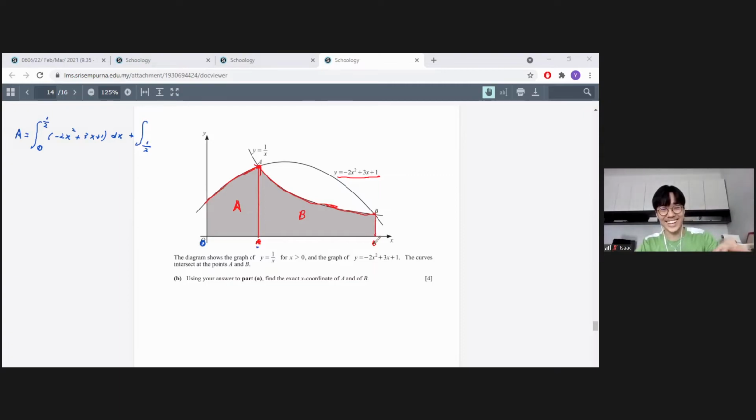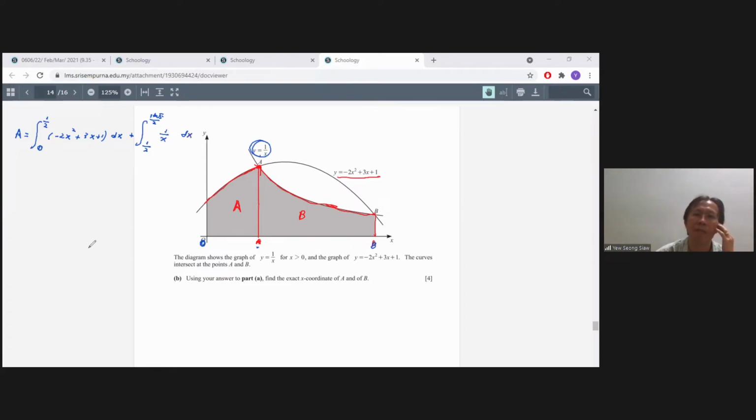The final point is 1 plus 5/2. That this graph is the second graph, 1/x. Okay. I get it. Okay, so you have to separate two areas.